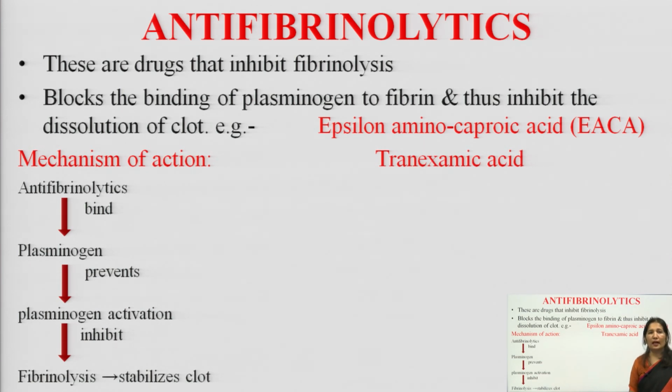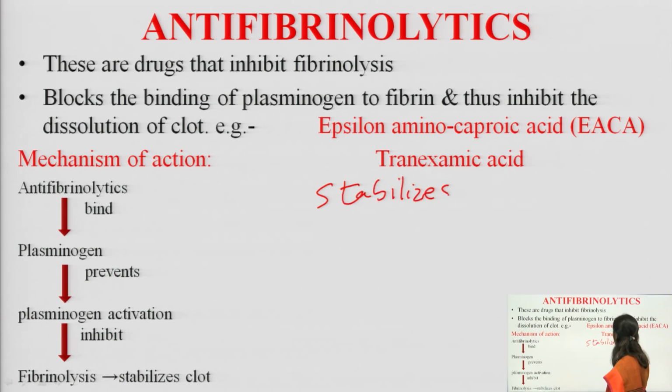Next is antifibrinolytics. Antifibrinolytics, as I told you in the earlier flow diagram, are exactly opposite to the fibrinolytics. These stabilize the clot. So, antifibrinolytics are the drugs that inhibit fibrinolysis.